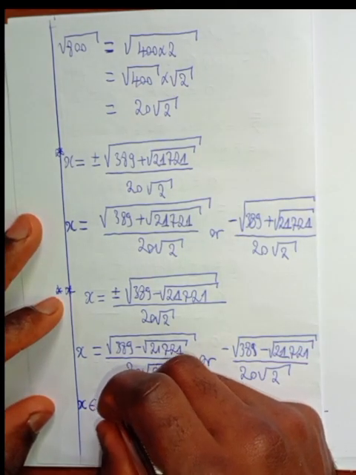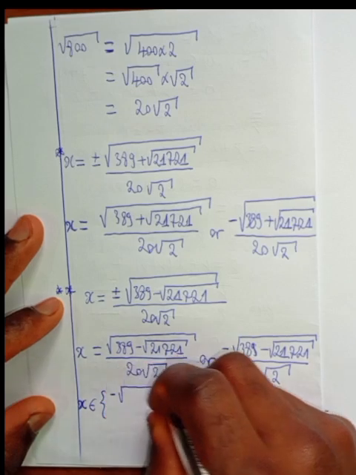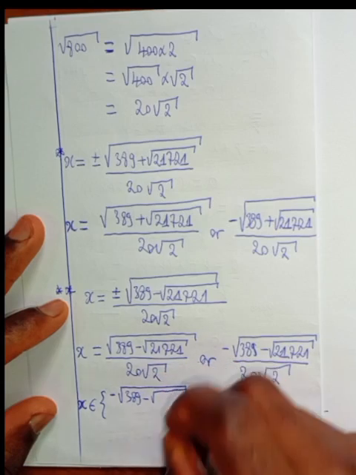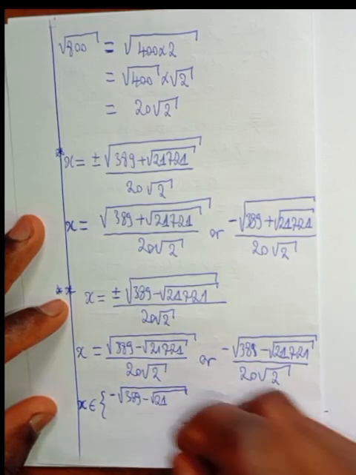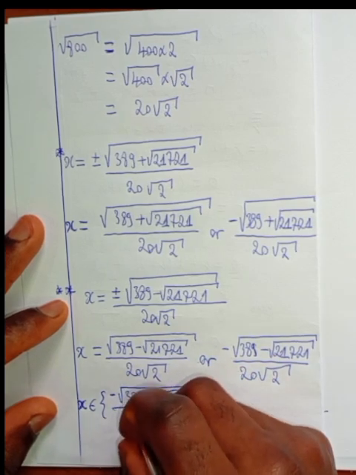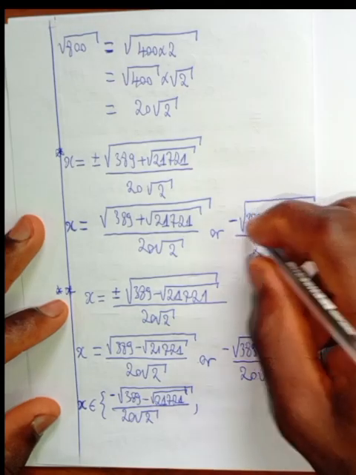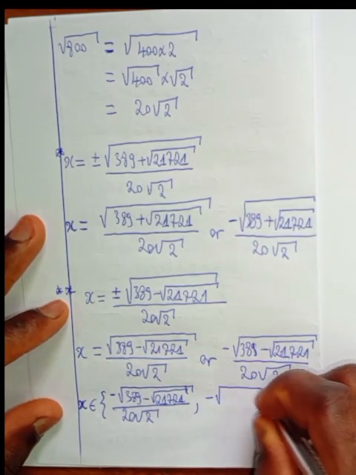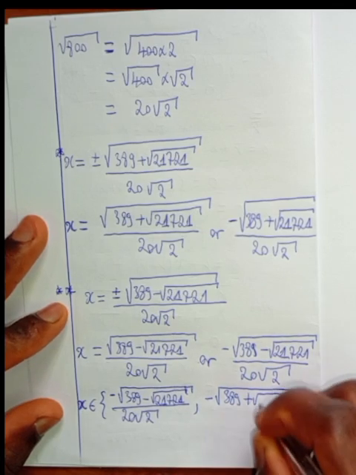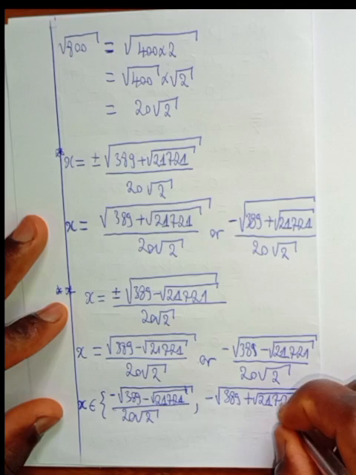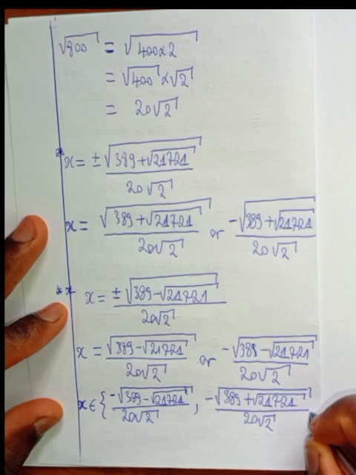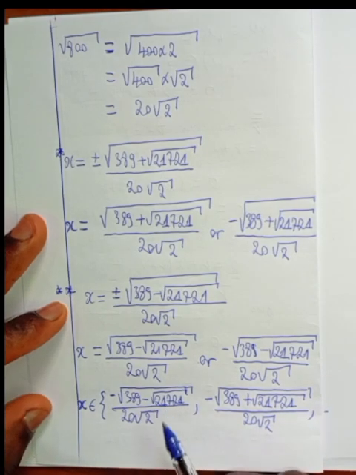This will give us negative the root of 389 minus root 21,721 all over 20 root 2, comma, we take the next, which is this, negative the root of 389 plus root 21,721 all over 20 root 2, comma, we go now to the positive solutions.